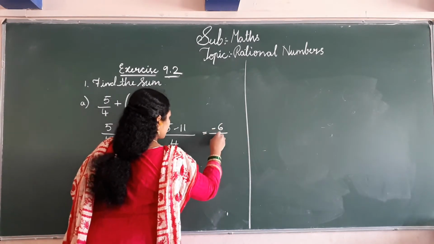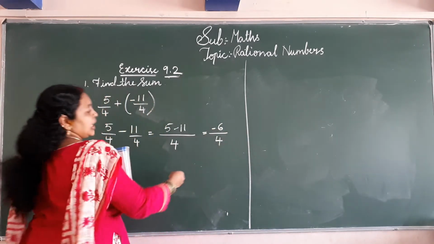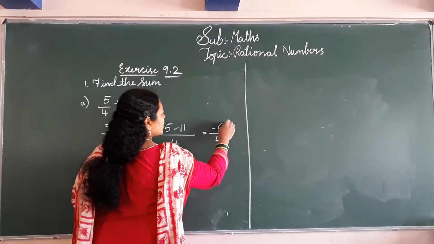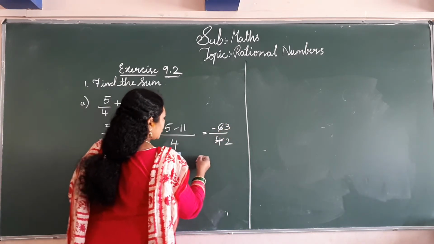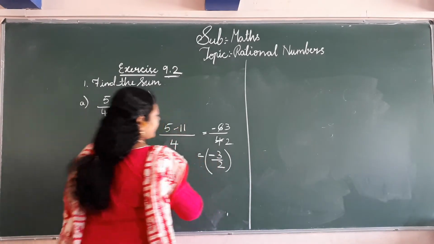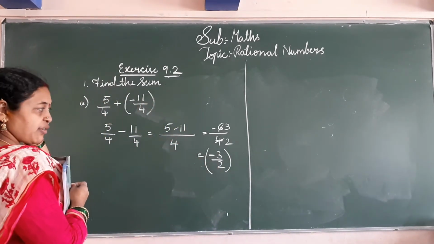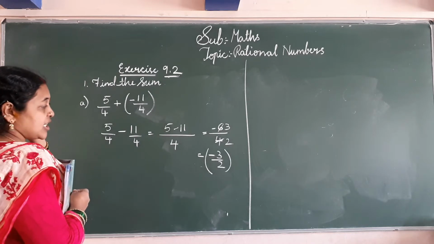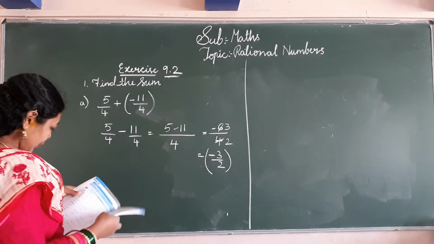So it is minus 6 by 4. Again, if you want to reduce, you can write minus 3 by 2. Either you can leave it as minus 6 by 4 or you can reduce to minus 3 by 2.